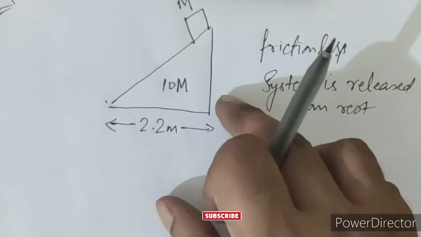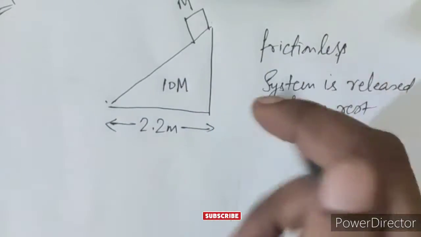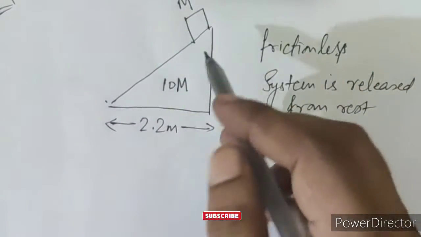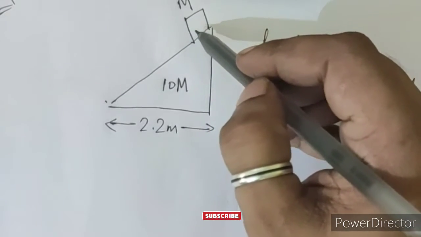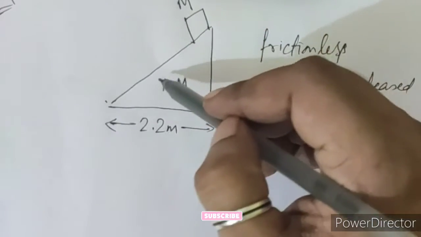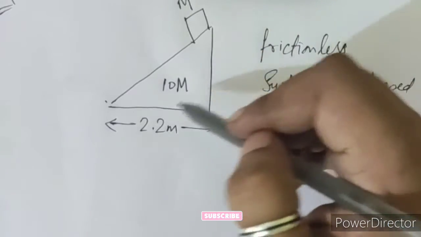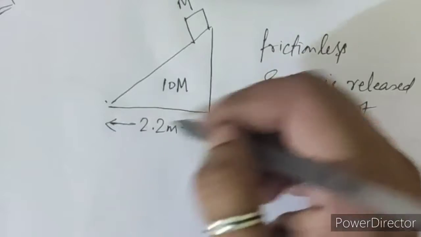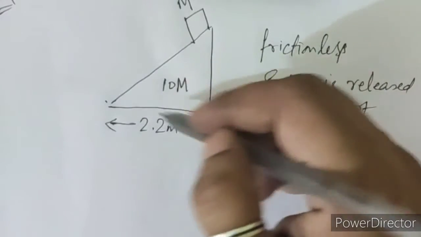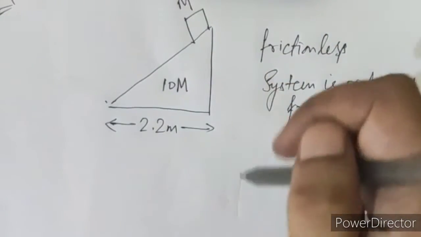So here you see a big block of mass 10m, and a block of mass m placed on top of this block of 10m mass, and the length of the base of this bigger mass is 2.2 meter.